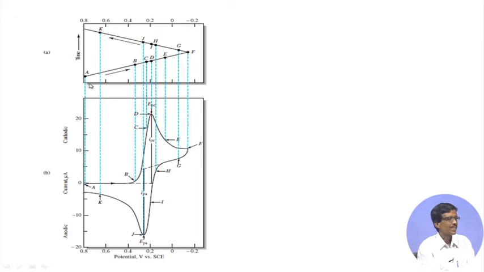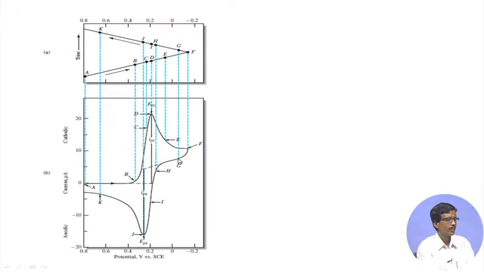So, as your potential is scanning from plus 0.8 to minus 0.1 volt, we get the response. So, this upper part of the plot we get. As we go back again to the starting potential of 0.8 volt, things will now change, and again we have points, but now the points are marked differently.